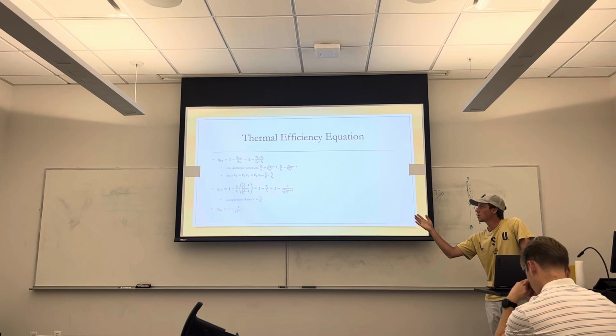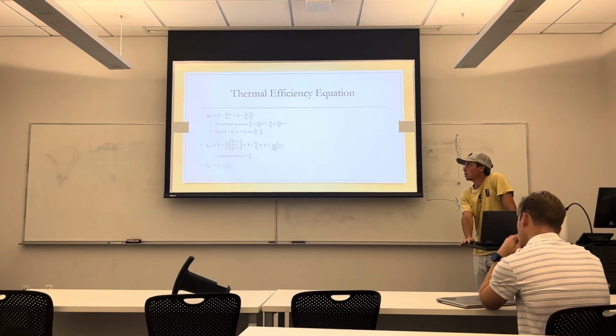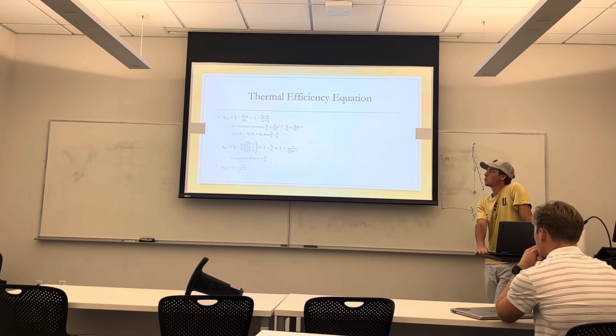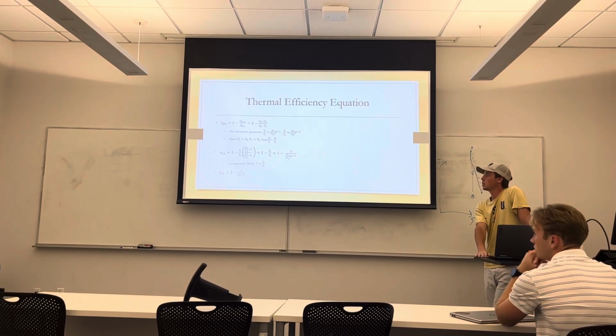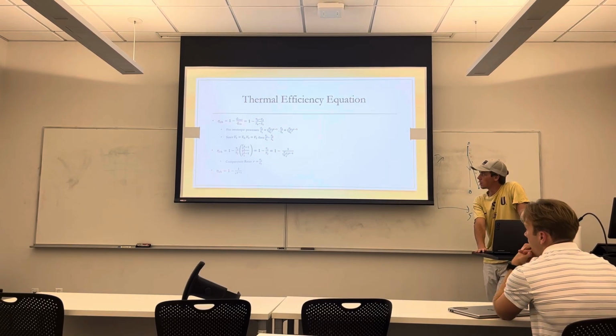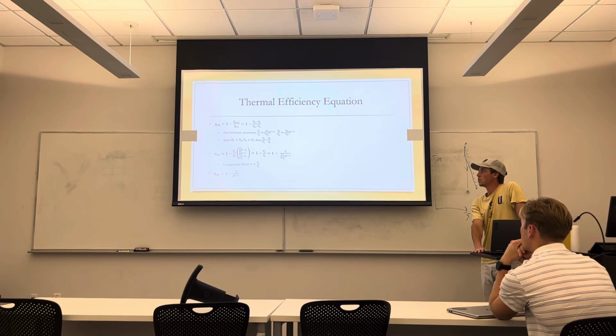For your isochoric process, the volume stays constant through those steps, so V1 equals V4 and V3 equals V2, and then you can manipulate your equation to say that T2 divided by T1 equals T3 divided by T4.